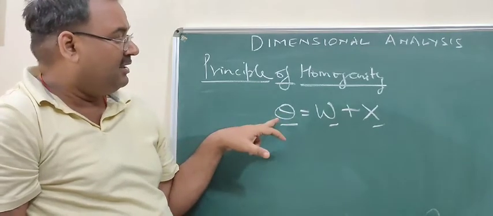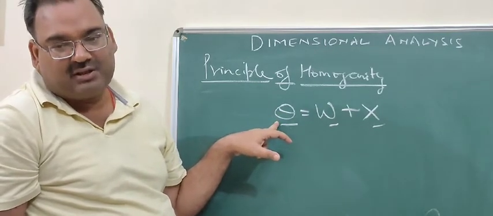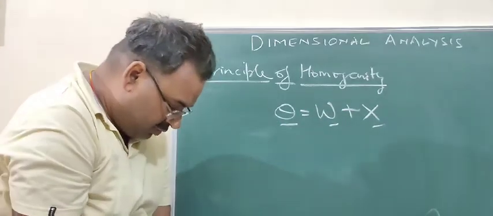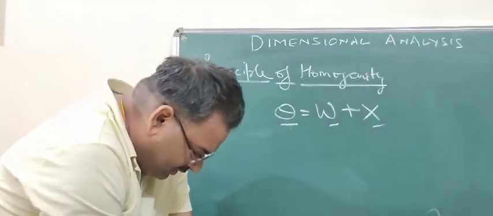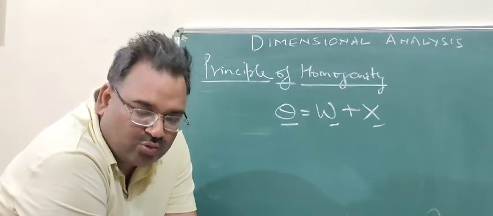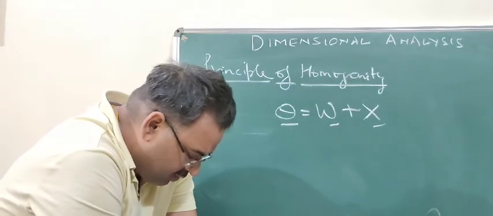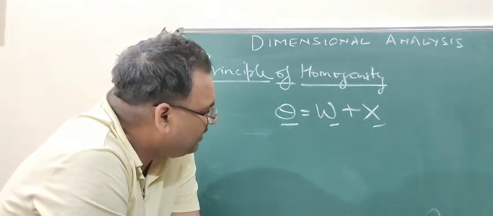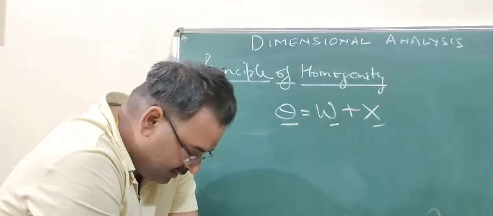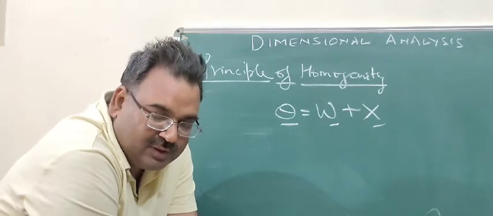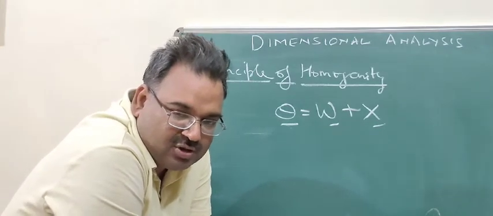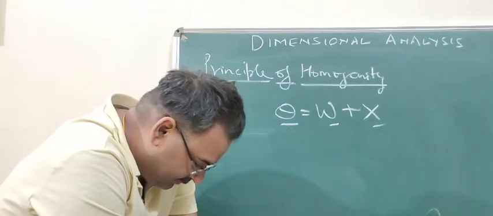Here Q is heat energy, W is work done, and X is some unknown quantity. Then dimension of X must be the same as that of Q and W. So the dimension of Q will be the same as W, and X will also be the same as Q.